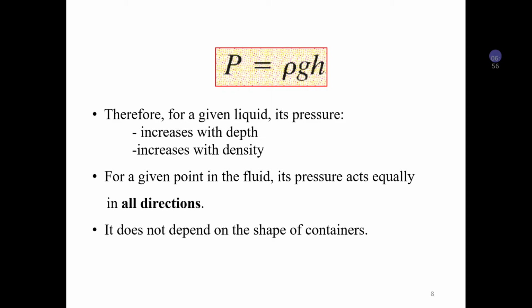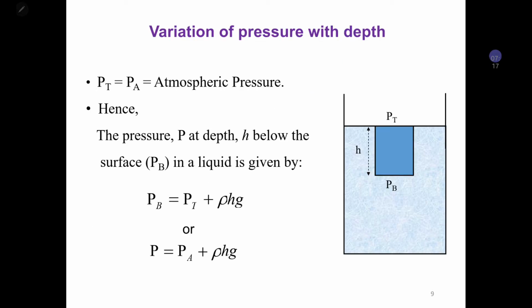So from the equation pressure is equal to rho g h, we can conclude that if we increase the depth of the fluid, the pressure also will increase. Or if we increase the density, the pressure also will increase.